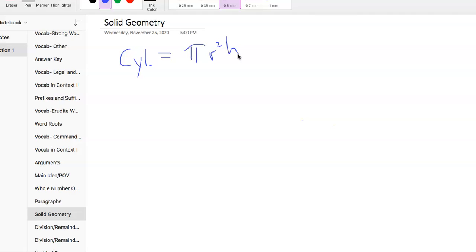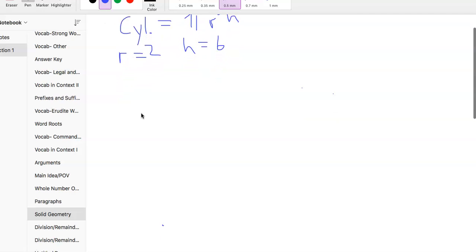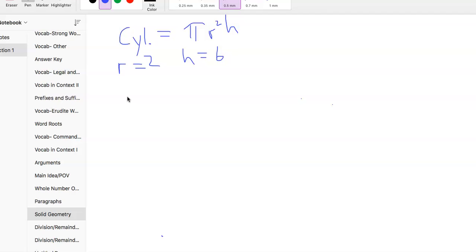The volume of a cylinder is pi r squared h. If they tell us the radius is 2 and the height is 6, then we know our formula is pi r squared h. So we've got pi, our radius squared, times the height, 6. 2 squared is 4.